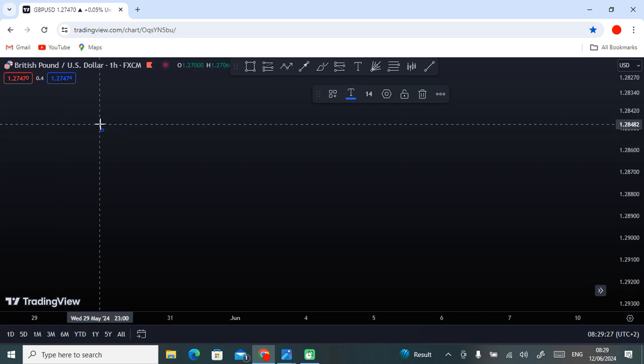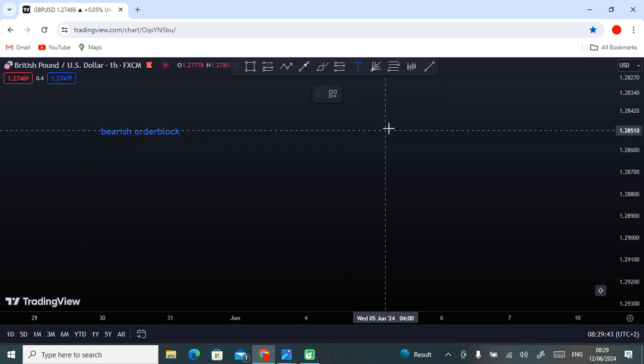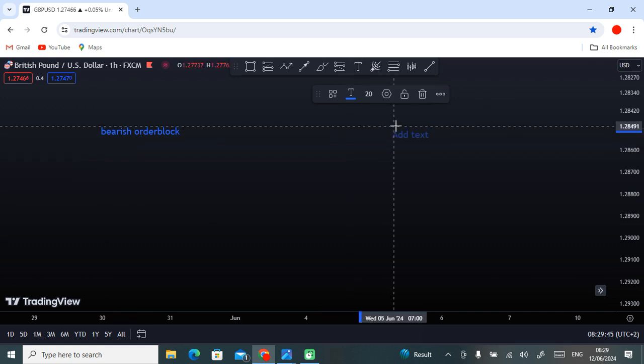We have a bearish order block, and we have again a bullish order block.